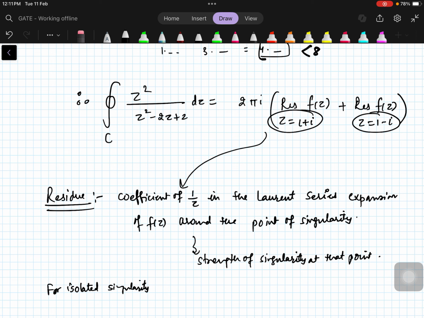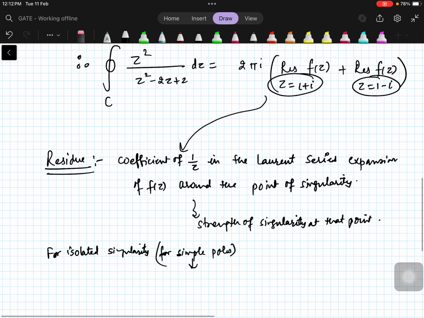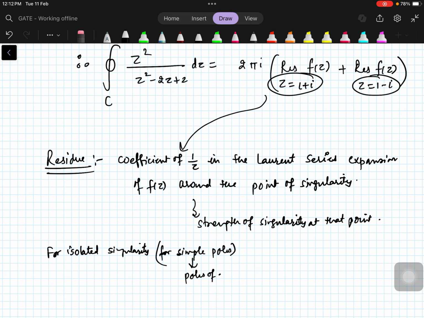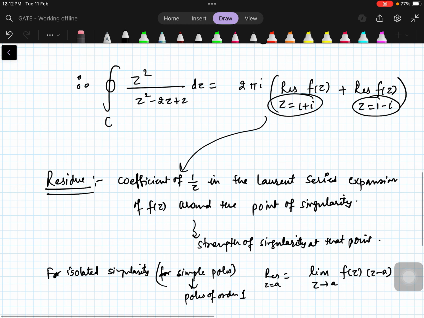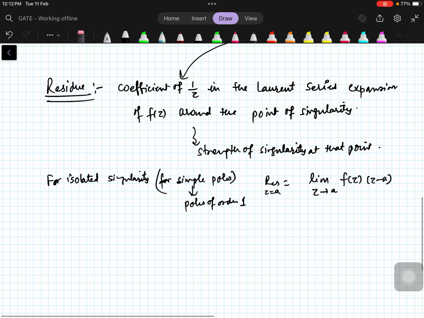So for isolated singularities, especially for simple poles, which means poles of order 1, the formula for residue at the point a is the limit z going to a of f of z into z minus a. So here we have 1 plus iota as a pole of order 1 and 1 minus iota as a pole of order 1.